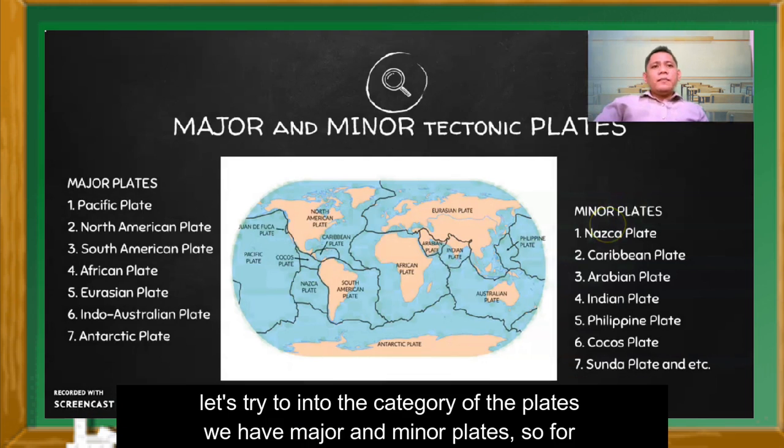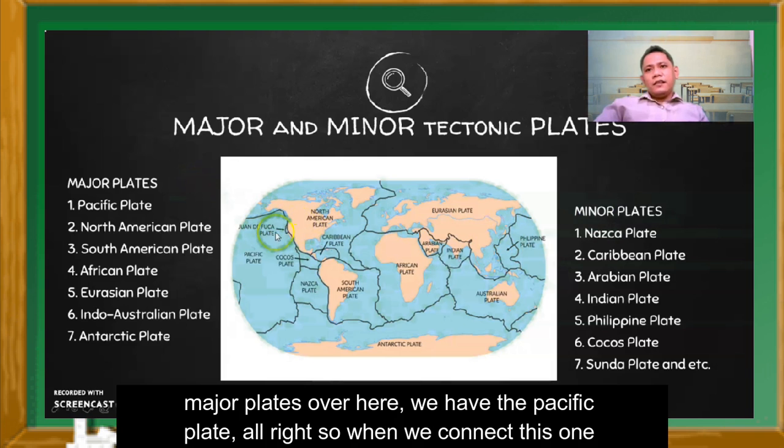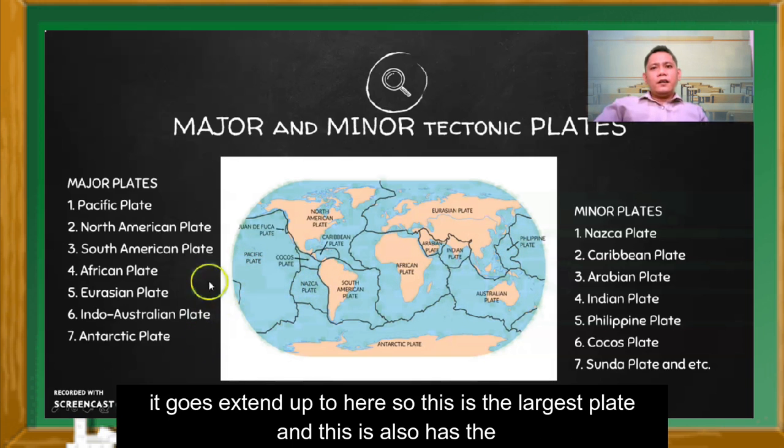Alright, so let's look into the categories of the plates. We have major and minor plates. For major plates, we have the Pacific plate. When we connect this one, it extends up here, here, and then here.